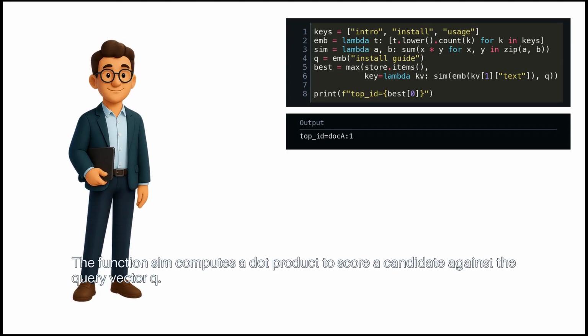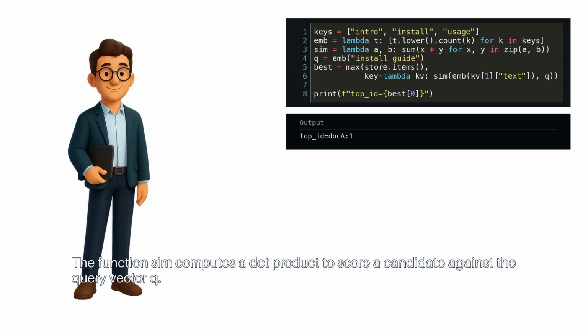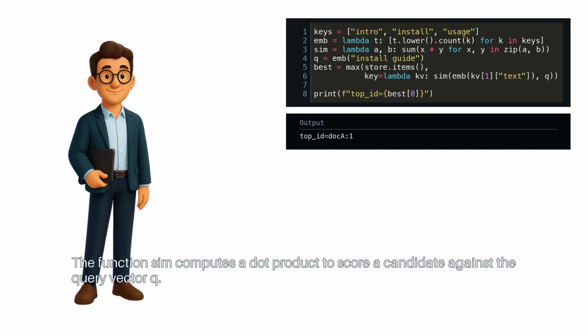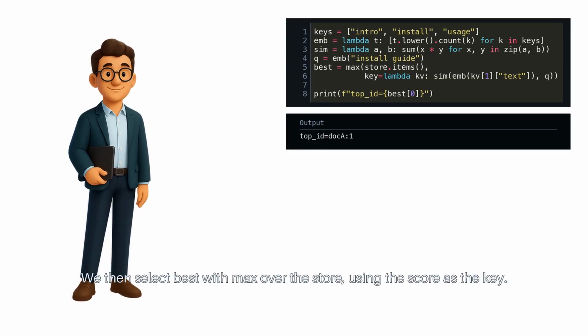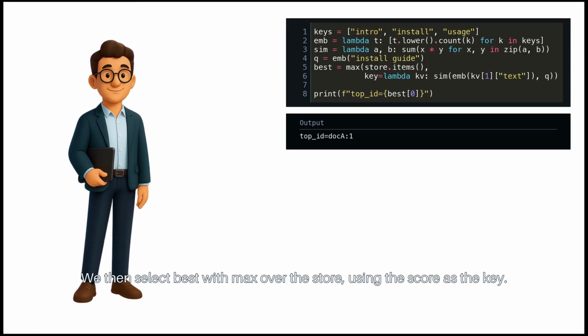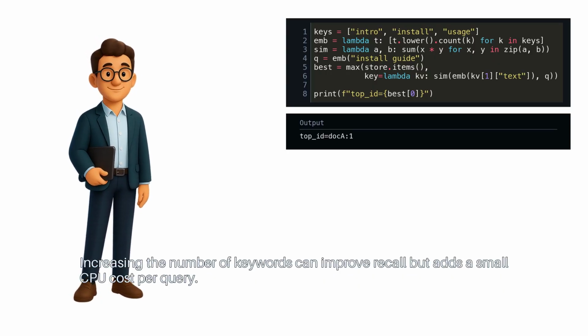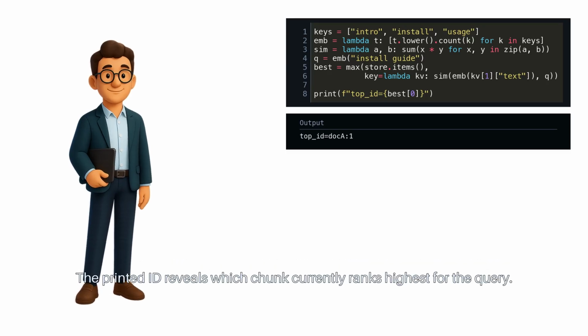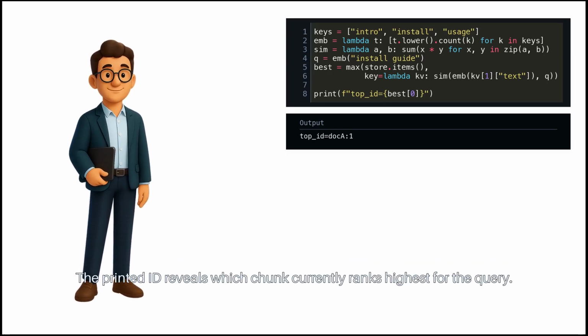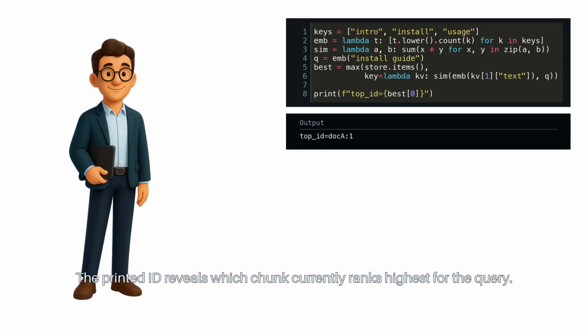The function sim computes a dot product to score a candidate against the query vector Q. We then select best with max over the store, using the score as the key. Increasing the number of keywords can improve recall, but adds a small CPU cost per query. The printed ID reveals which chunk currently ranks highest for the query.